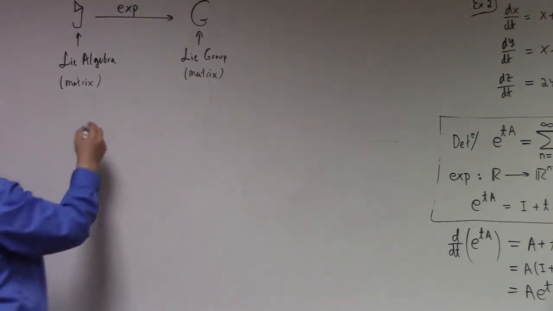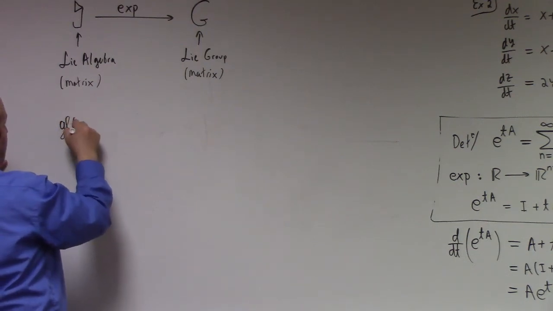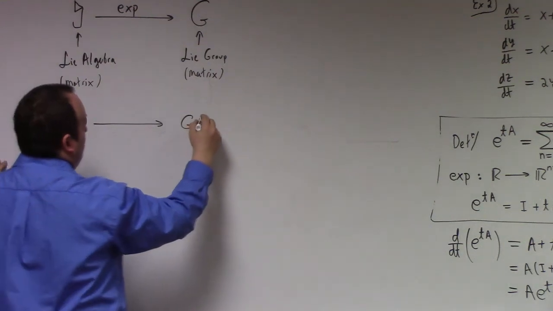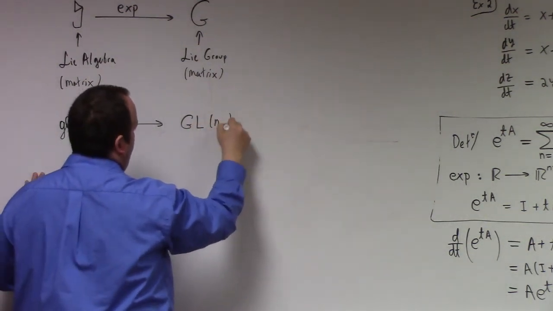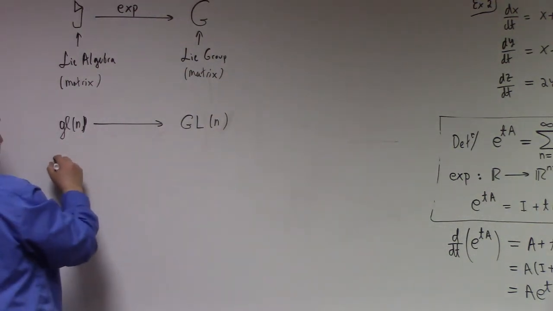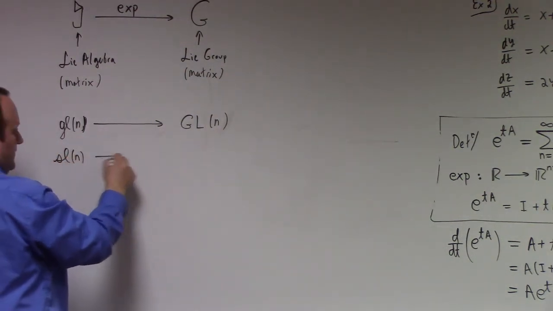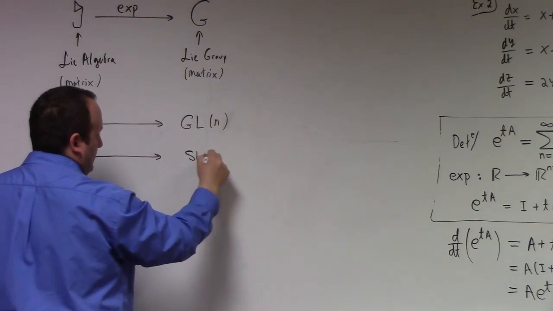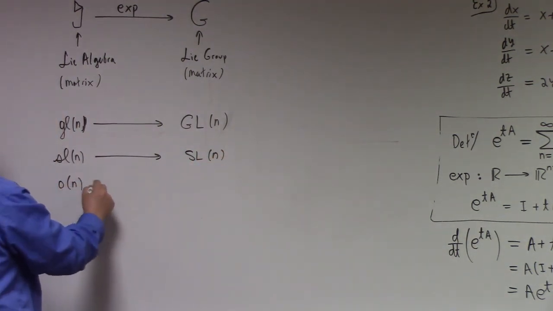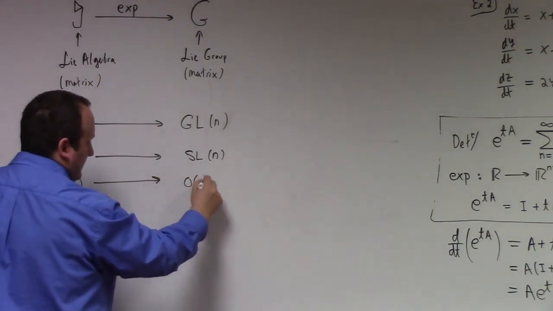For example, we can talk about little gl n, and then you get big GL n. You can talk about the special linear Lie algebra, and that maps to SL n. You can talk about the orthogonal algebra, and that maps to O n.